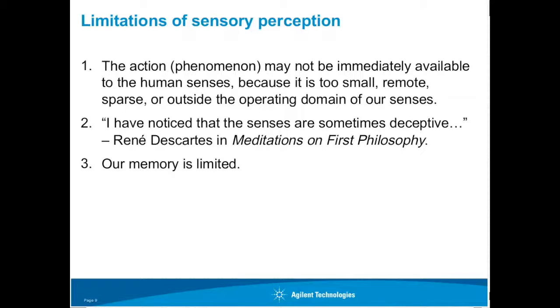The fact is our eyes are not sensitive to X-rays and infrared radiation and all that. There are some phenomena that are simply outside the operating domain of our senses. And then the second objection that we have from Descartes is, I have noticed that the senses are sometimes deceptive, and that's true. And finally, our memory is limited.